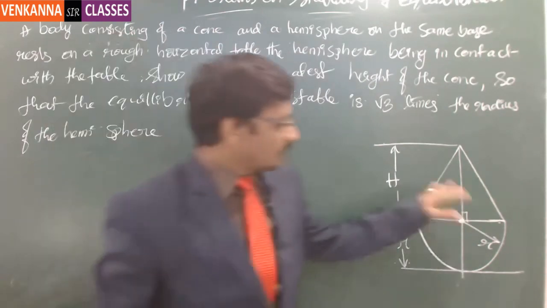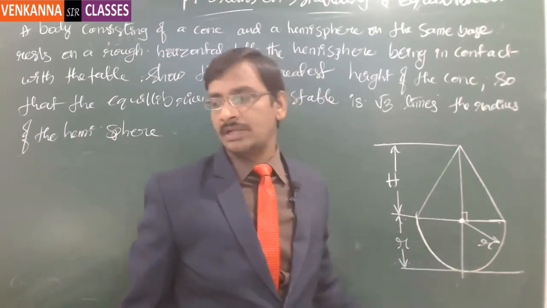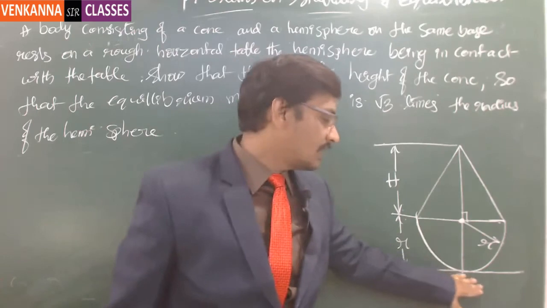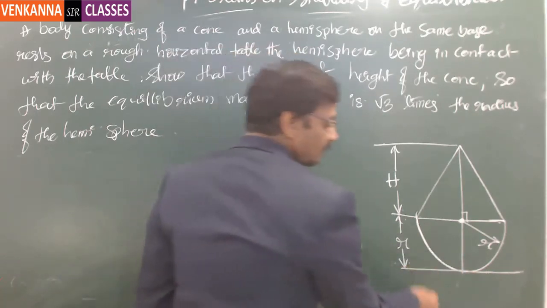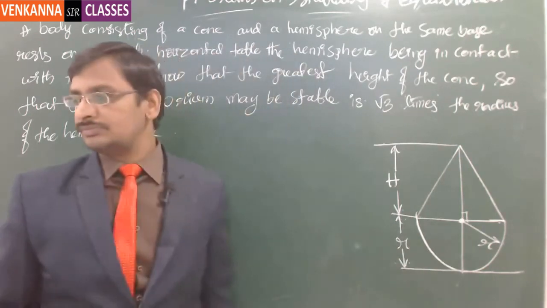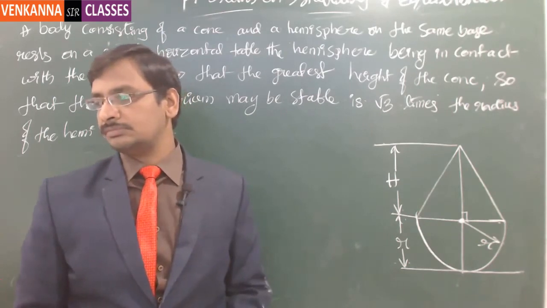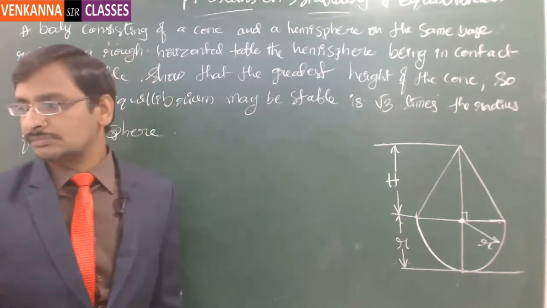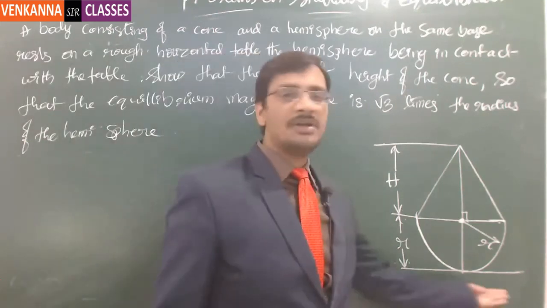Now the bottom body is in contact with the ground, and this has to be under stable condition, because it is in contact with the table. What is the radius of curvature of the bottom surface? It should be infinite, exactly, because this is the horizontal table.